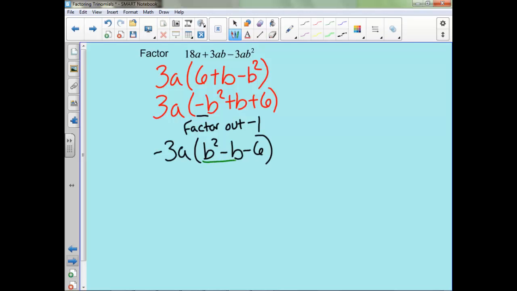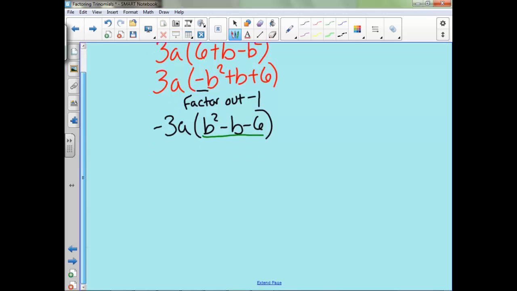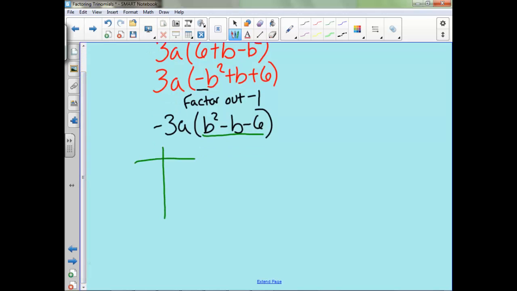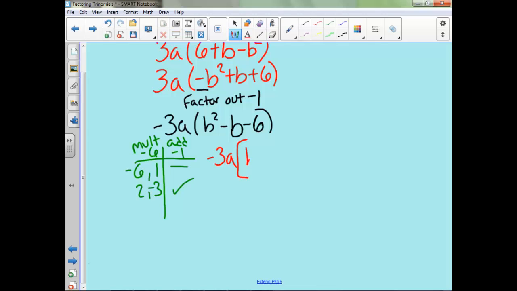And now we still have to factor this trinomial. So let's figure two numbers that multiply to negative 6 and add to negative 1. So now we still have this negative 3a. And now we're going to worry about this trinomial.